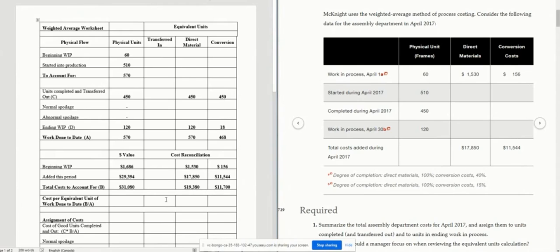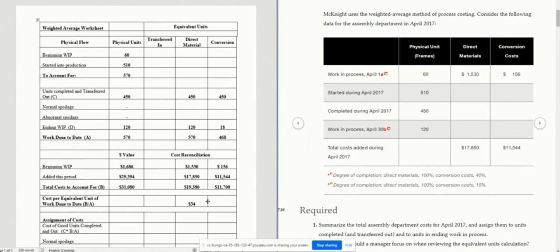So what's my cost per unit? Well, basically, I've got my total cost of materials. I've got my total equivalent number of units for materials. So 19,380 divided by 570, or line B divided by line A. And I think it works out to about $34 even, right?